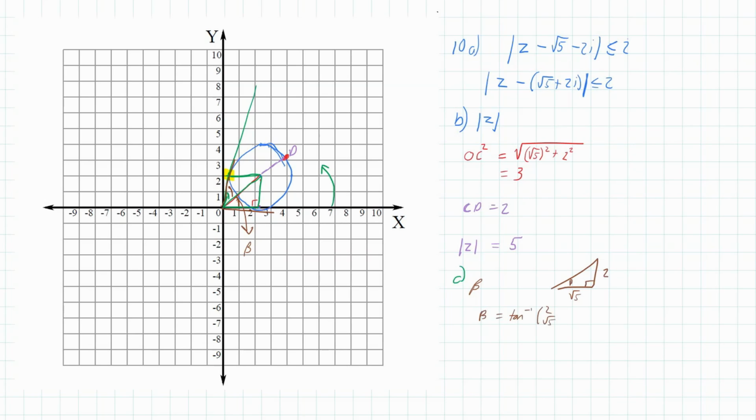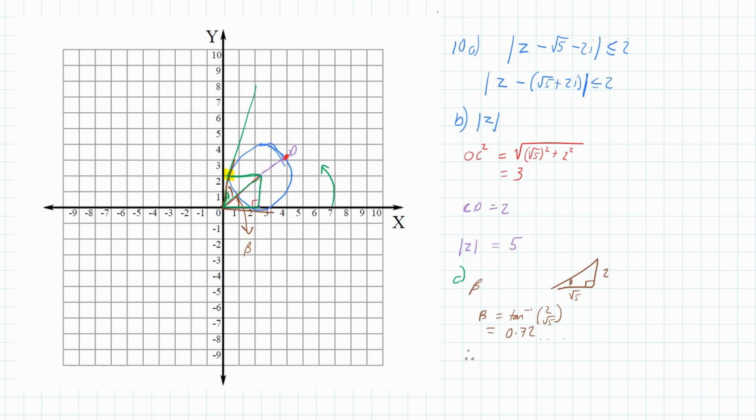Now, what the heck is that? Make sure you're in radians. 2 over square root 5, and that's giving me 0.72. Now, since we want double that, because there's 2 of those angles, we times it by 2. So I think it was 0.72 something.